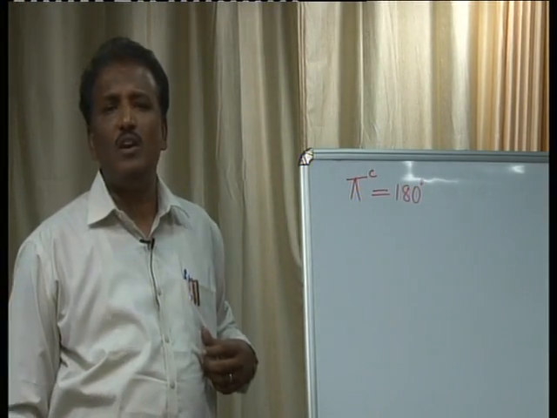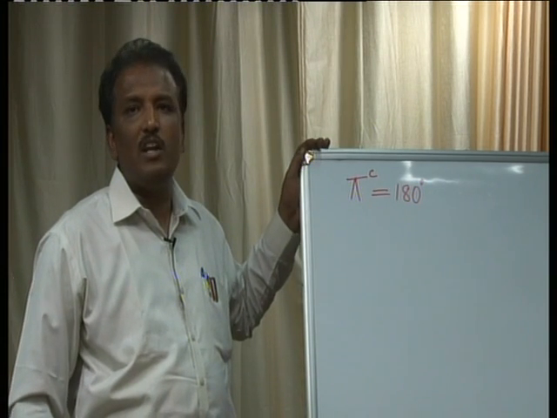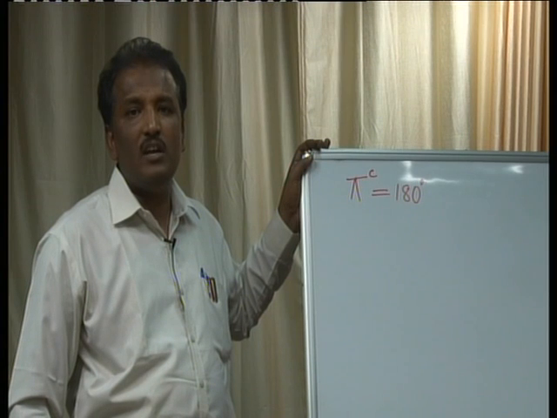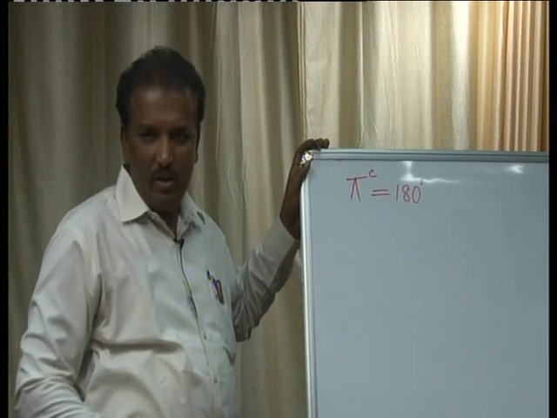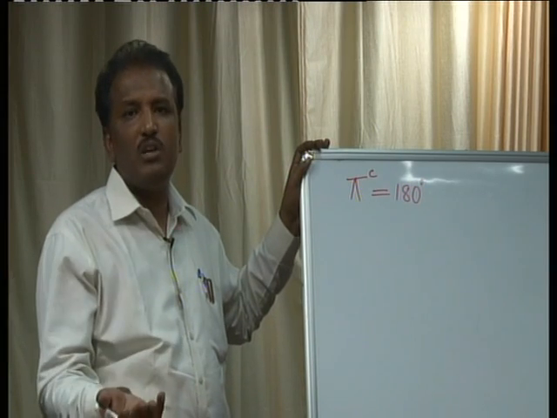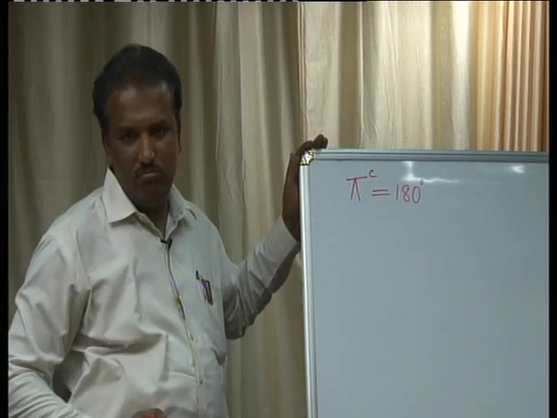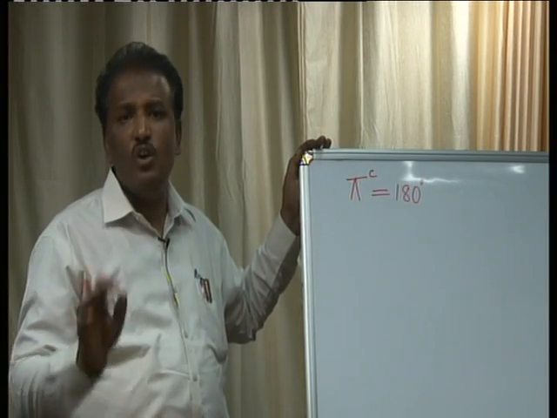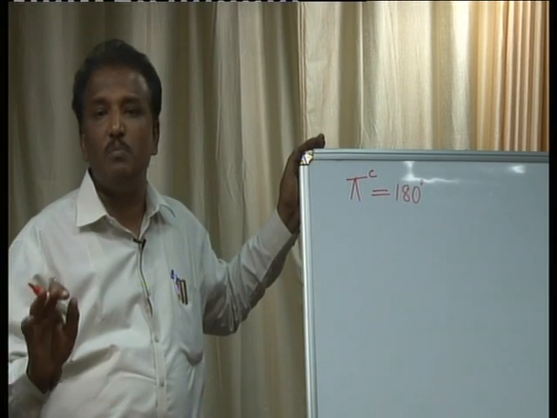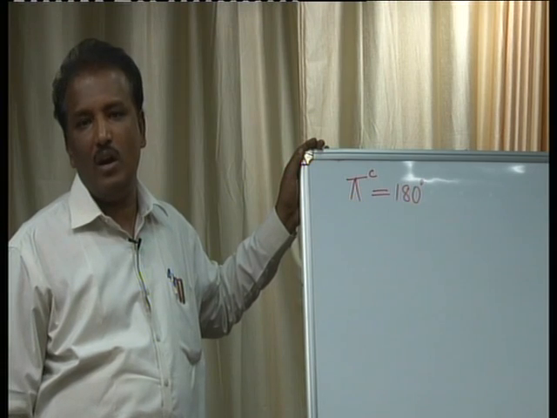Now, what is the advantage? It is very simple. If the angle is given in radian, and at some instant you want it in degree, you can convert it. Suppose the angle is given in degree, and you want to convert it into radian, you can. This is the advantage of having an equation which connects the relation between the 2 different units of the same physical quantity.